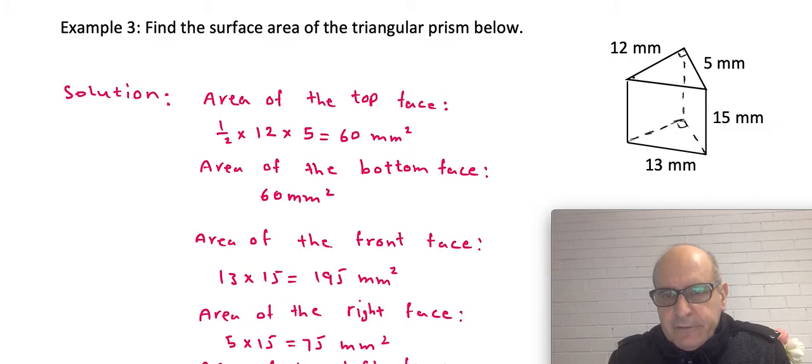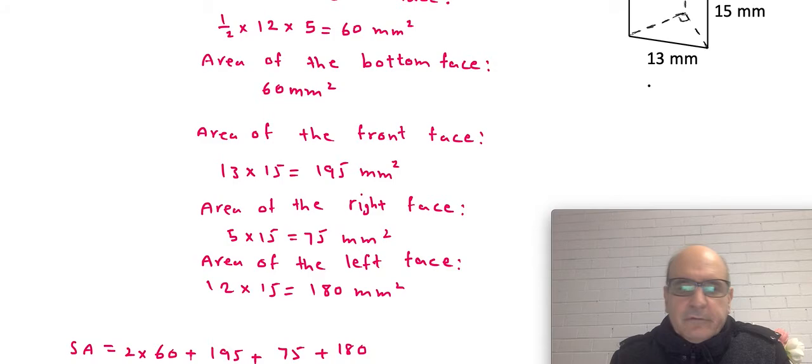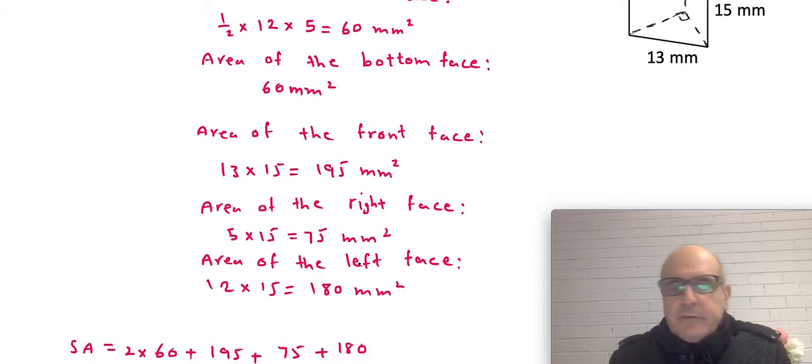This is the left face. So that's going to be 12 times by this, which is the same as this, which is the same as the 15. So 12 times by 15. That gives you the left face. 12 times 15 is 180.